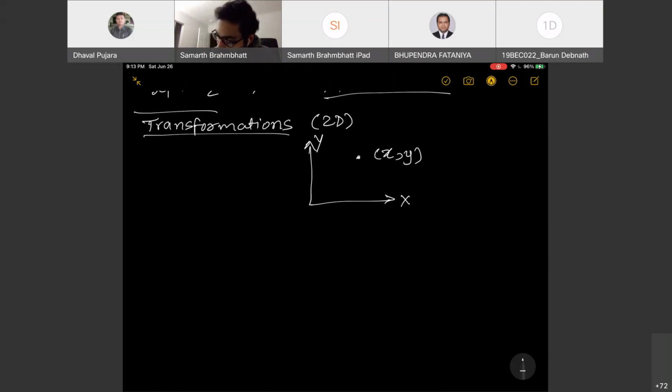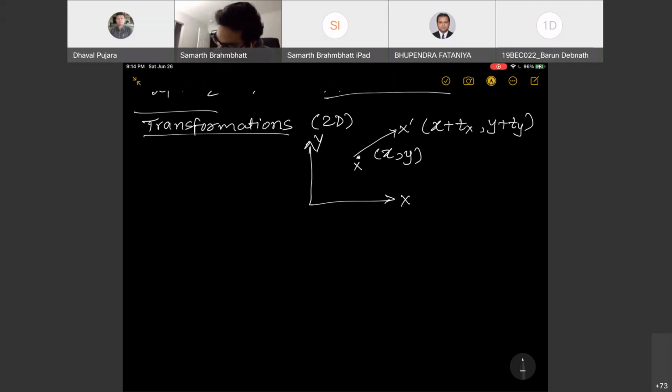The simplest transformation is translation. Let's say this is point x and this is point x dash, and you want to translate it such that it becomes x plus tx, y plus ty.